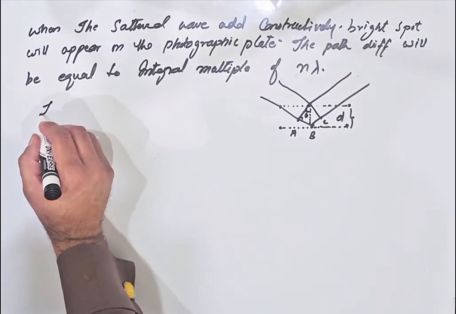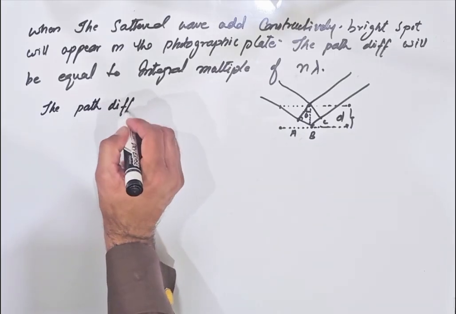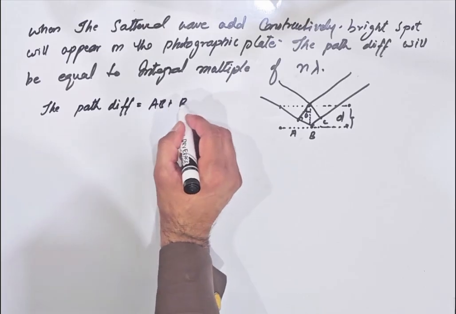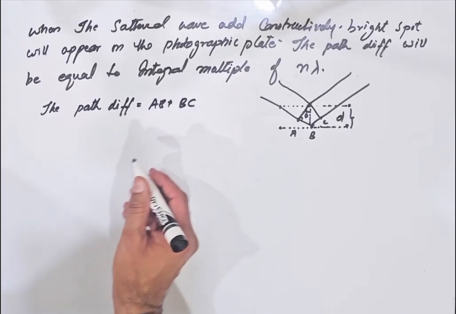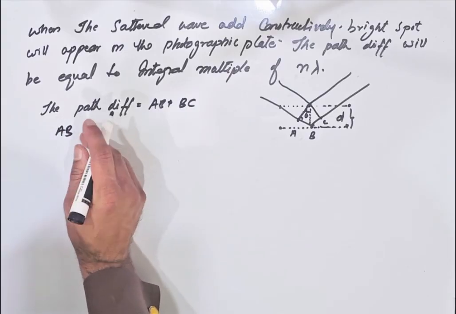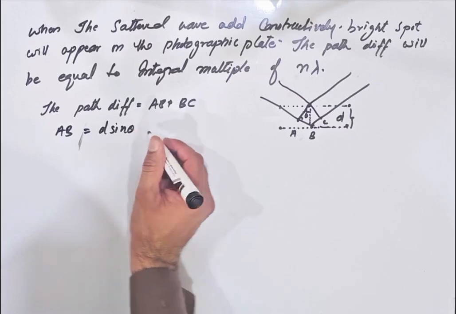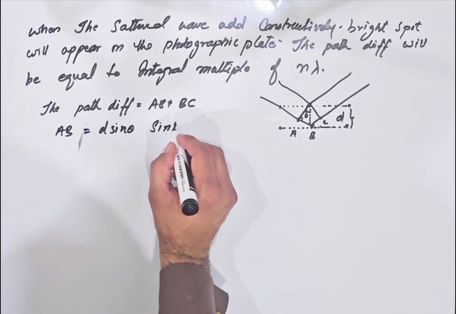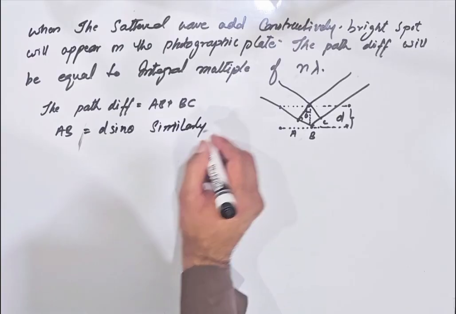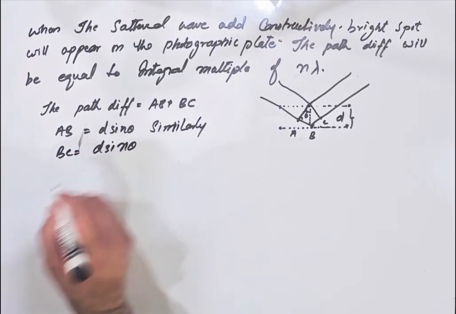The path difference is equal to AB plus BC. From the figure, AB is equal to d sine theta. Similarly, BC is d sine theta.